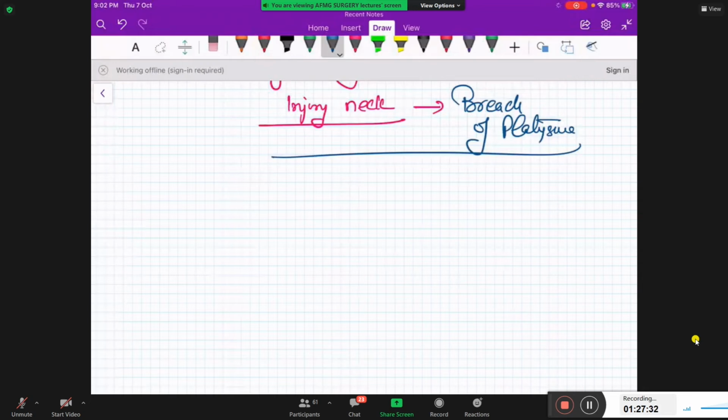Okay. Now, you have also seen in our discussion on trauma and primary survey, we have already applied a cervical collar. Now, if the patient doesn't have any problem in the spine, we should be removing this collar.